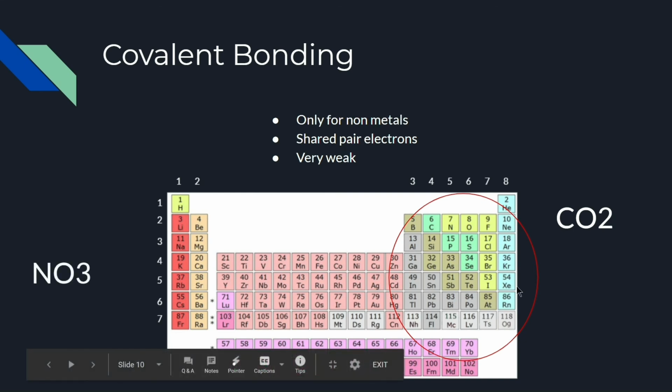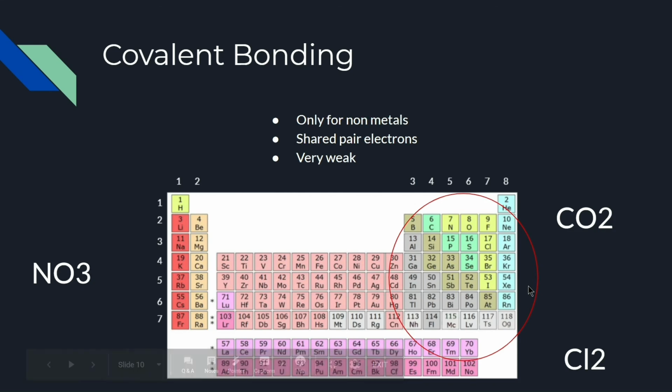And we have nitrogen trioxide, and we have chlorine. So if you take a look, CO2, carbon is a non-metal, and oxygen is a non-metal, so it works. And we have NO3, nitrogen is a non-metal, oxygen is a non-metal, so it works. And Cl2 is just chlorine bonded with itself, so we have two chlorines and they're both non-metals, so it works.